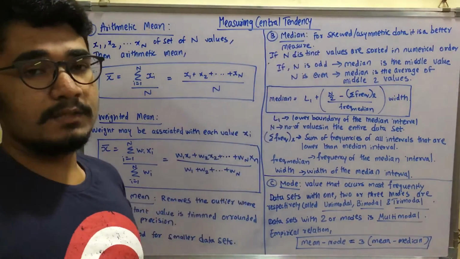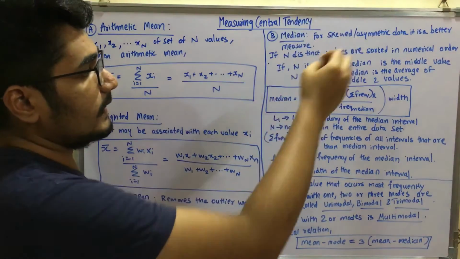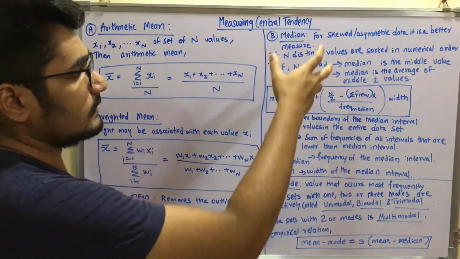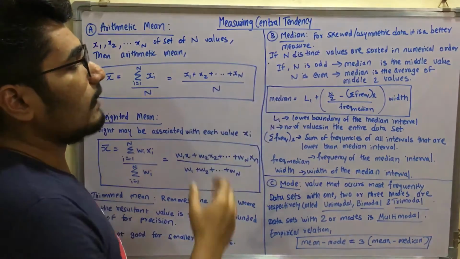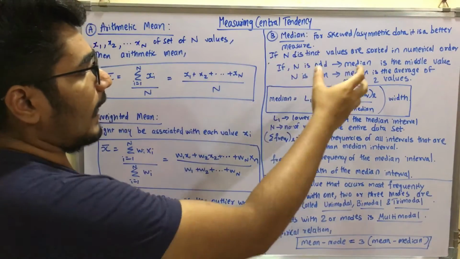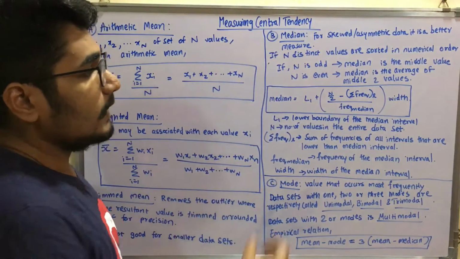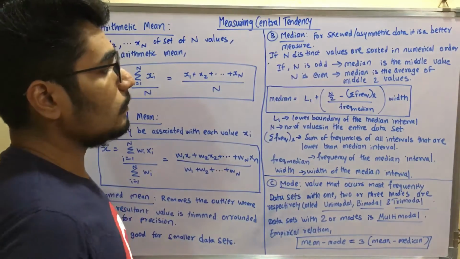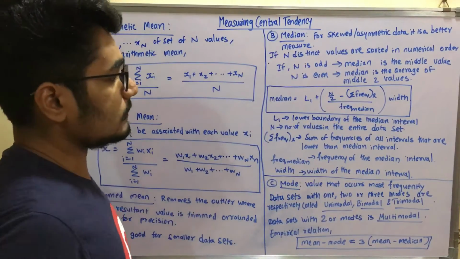Now we move on to the median. For asymmetric or skewed data, the median is a better measure. If you have n distinct values sorted in numerical order, and if n is odd, then the median is the middle value, and if n is even, then the median is the average of the middle two values.